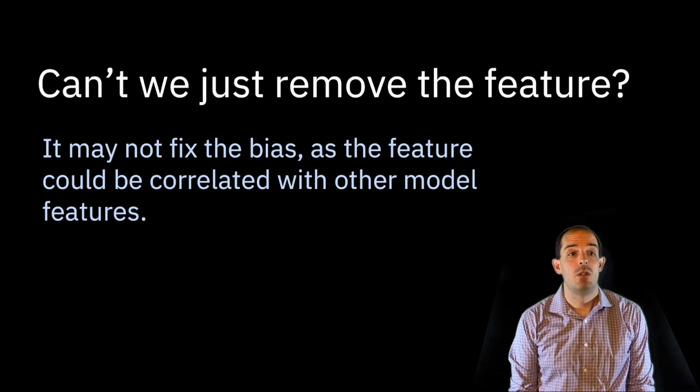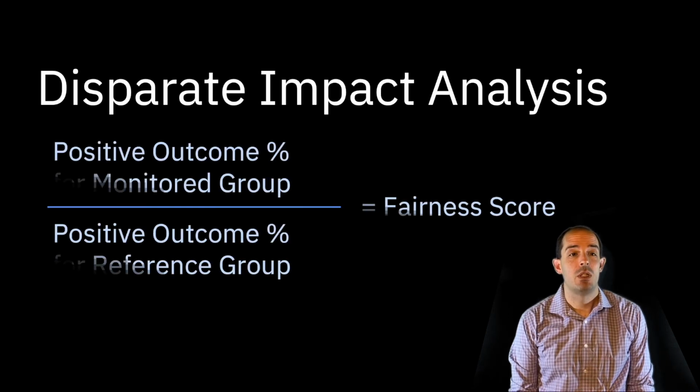So we know that we need to look out for bias, but how do we determine if our model is biased? We can use a measurement called disparate impact analysis. Disparate impact is simply the percentage of positive outcomes for the group we're monitoring, divided by the percentage of positive outcomes for the rest of the population.